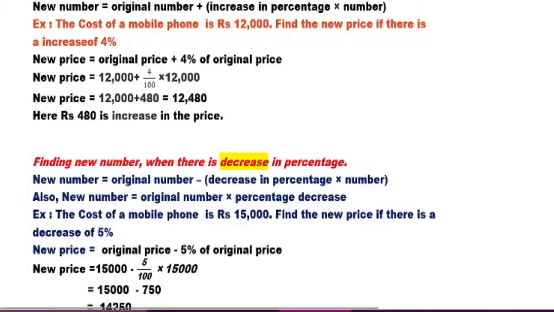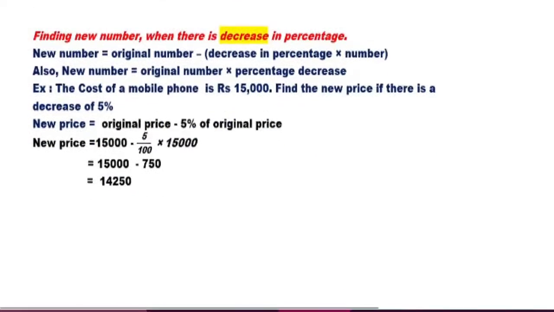So one example you can see. The cost of a mobile phone is 15,000. You have to find a new price if there is a decrease of 5%. So the original price is 15,000. So you can write new price equal to original price minus 5% of original price, because 5% is a decrease.